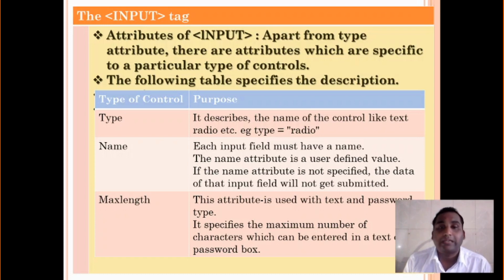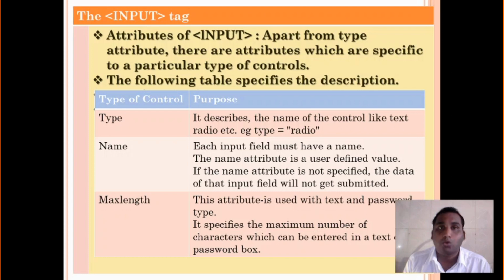First is type. It describes the name of a control like text, radio, etc. To specify what type of control it should be, we make use of the type attribute. Next, name. Each input field must have a name.